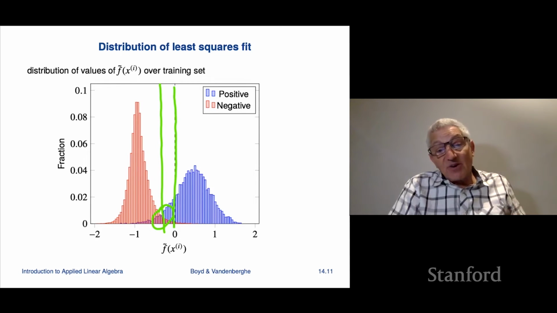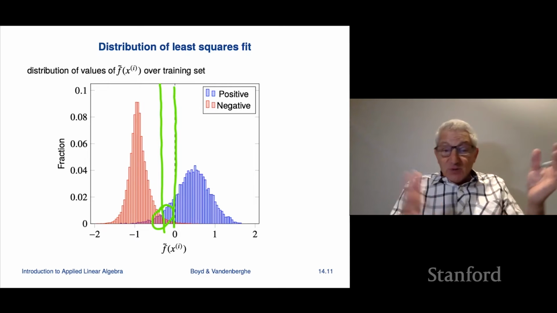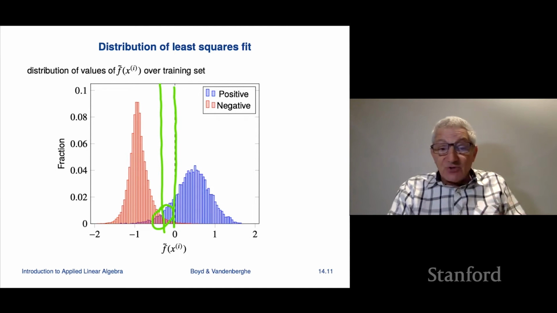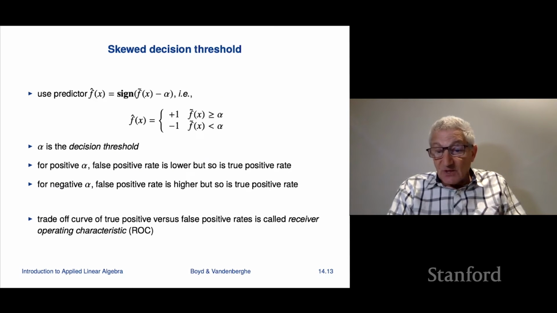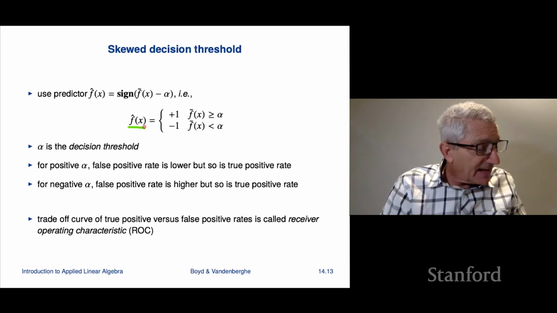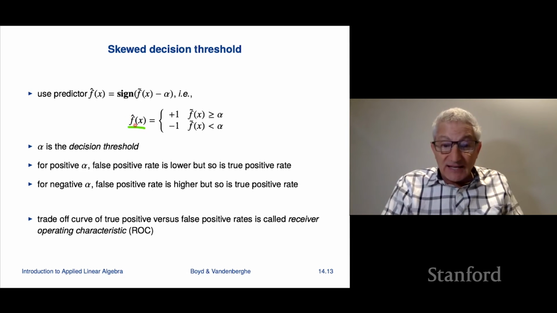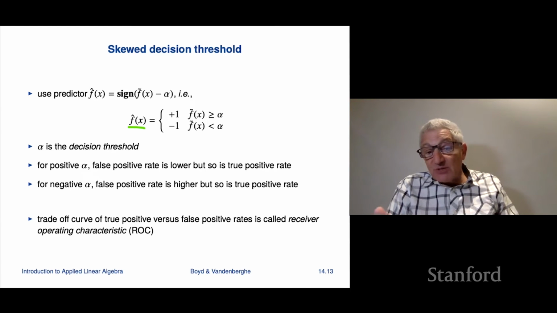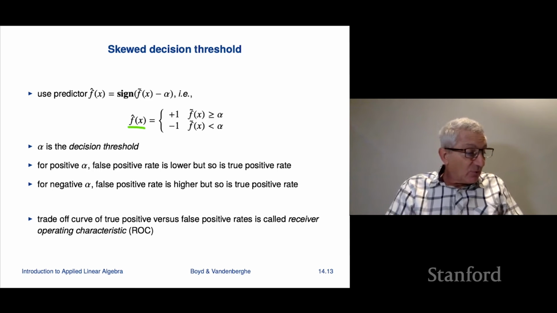It's going to increase the number of our false positives, but then we'll get them on a more similar scale. So this is the idea of just switching the threshold from 0. We choose a number alpha, and we say that f hat of x, our actual guess of -1 or +1, is +1 if you're bigger than alpha and -1 if you're less than alpha. With alpha equal to 0, we recover exactly what we had before. And alpha is called the decision threshold, for obvious reasons.